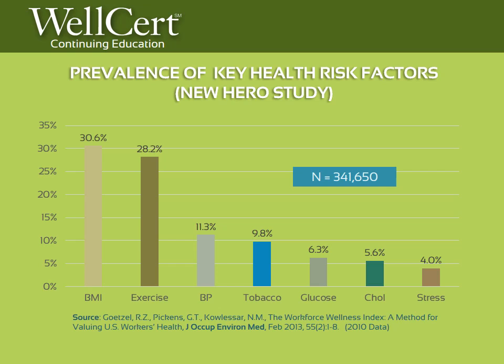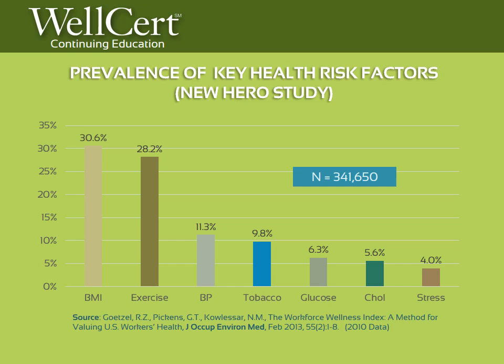So 30% of them showed that they were at risk from BMI, that's overweight, obese, or one of the higher categories of obesity. Didn't exercise, 28%, had high elevated blood pressure, 11%, used tobacco products in a consistent manner, and that was smoking related tobacco use, 10%. Glucose, 6.3, elevated blood glucose levels, elevated cholesterol, 5.6, and high levels of chronic excess stress, 4% reporting that.